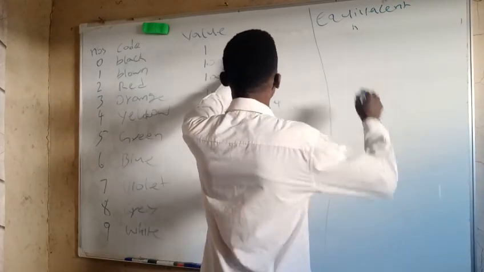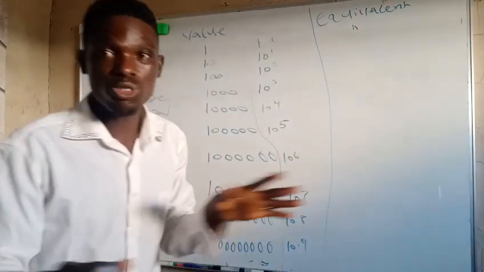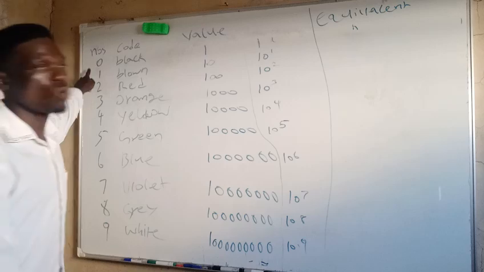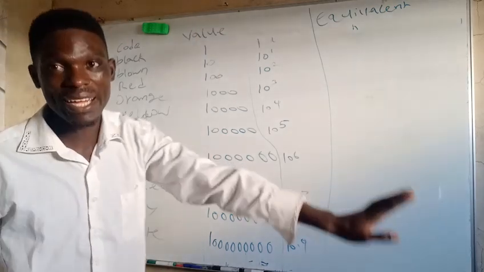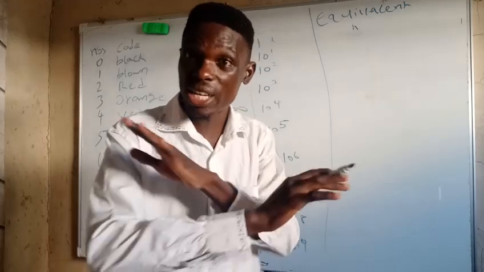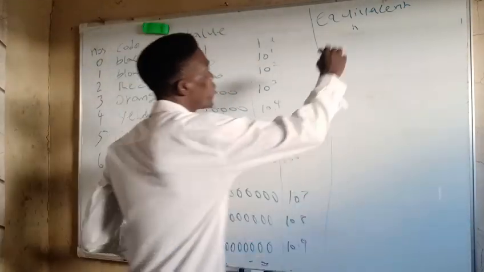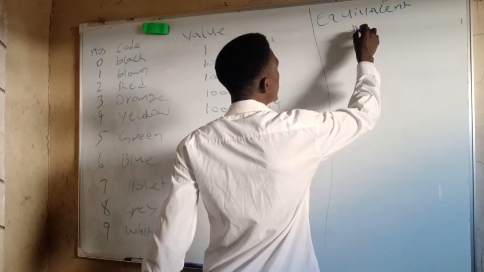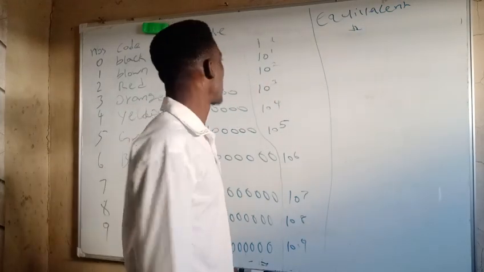Black is equivalent to nothing because it's 0 ohms. So the equivalent of black is actually 0. That is the equivalent of black. So I will just put ohms here.